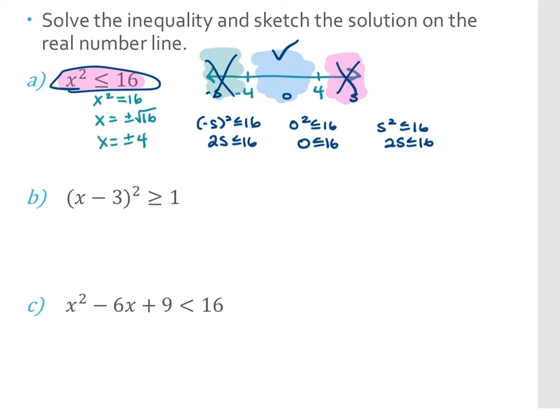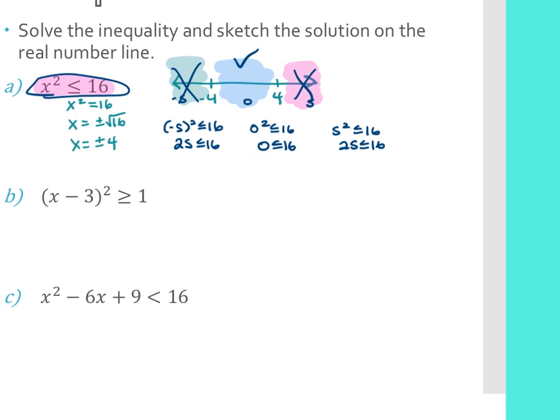Now, normally it's either the center or it's the outsides. There are special cases, and those are when there's a repeated root. So always test. So now I know that my answer is actually from -4 less than or equal to +4.